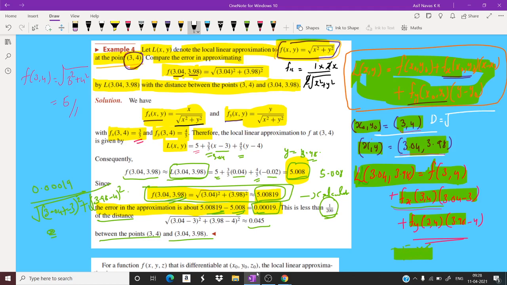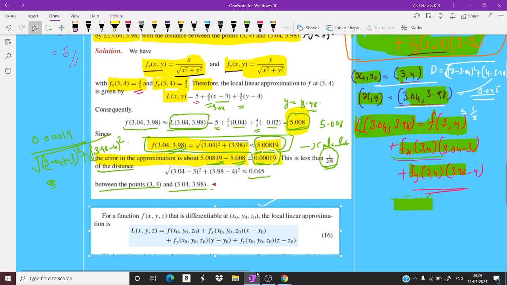We know the distance formula: square root of (3 minus 3.04) all square plus (4 minus 3.98) all square. This distance we can calculate, that is 0.045, and we can compare. So this divided by this will be approximately equal to 1 by 200. Okay, so that is the idea.